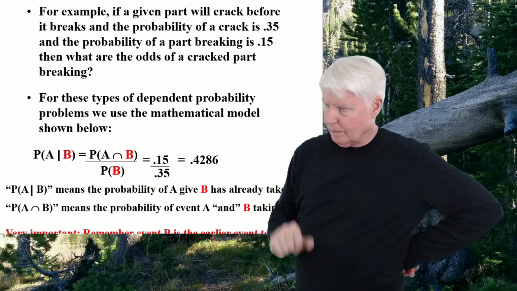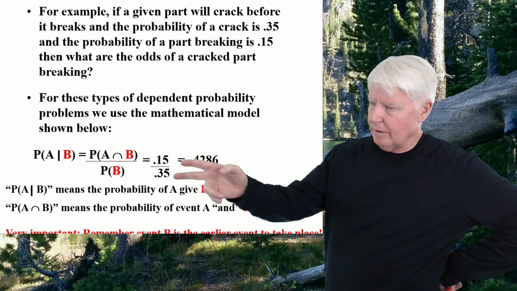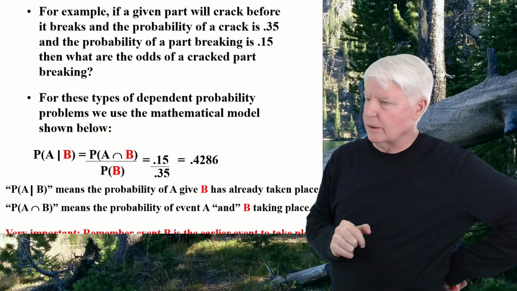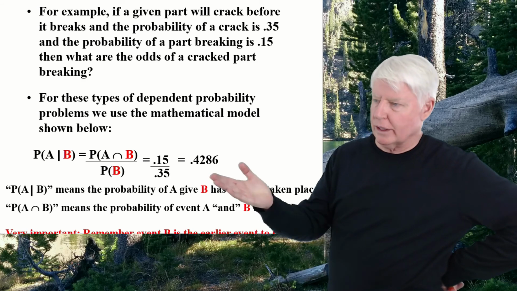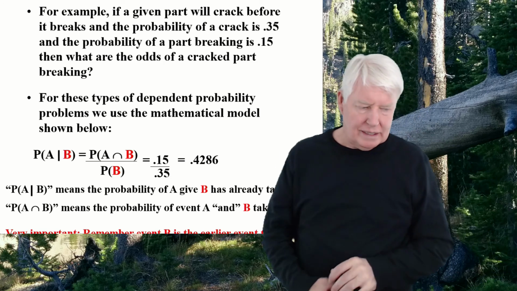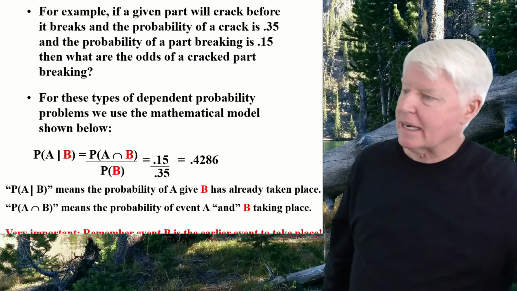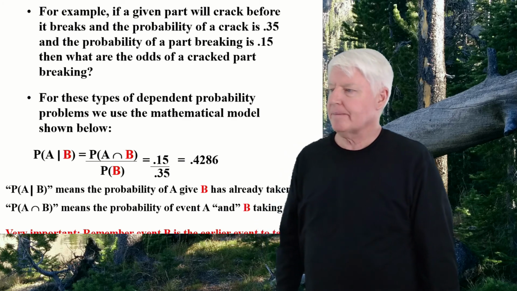Therefore we use this formula here. And it's very easy, of course. You divide them together, you get 0.4286. So the probability if I use a cracked part that it will break is 42.86%. And that's how you do the and statement for independence and no independence.